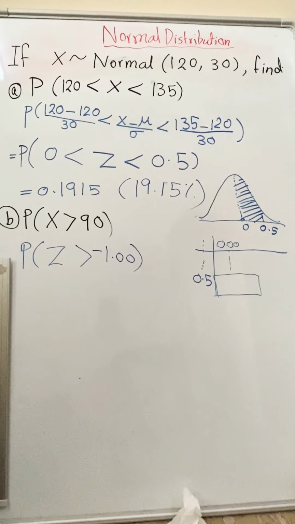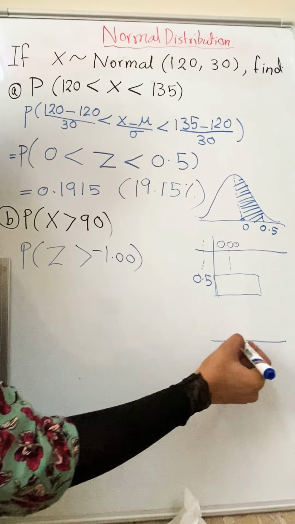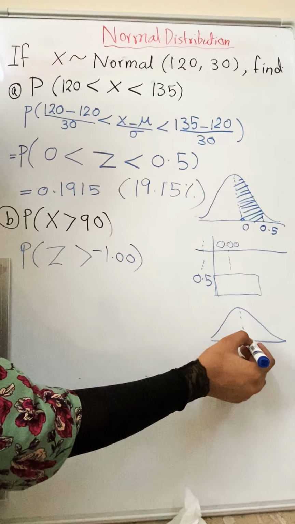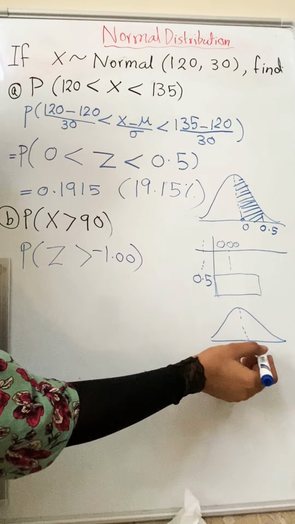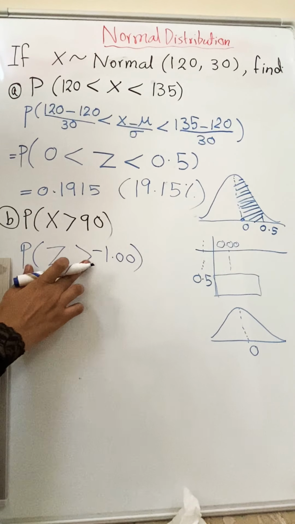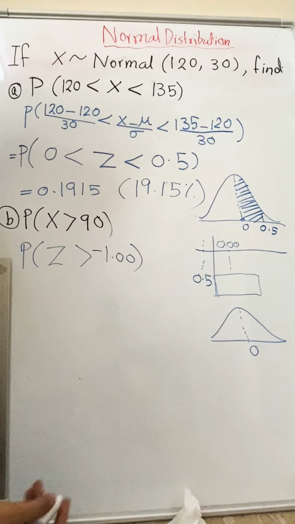Okay, so how are you going to find the probability for this? To find the probability, we will say that this is the standard normal curve. In the middle is always 0. We want the probability of z greater than -1.00.